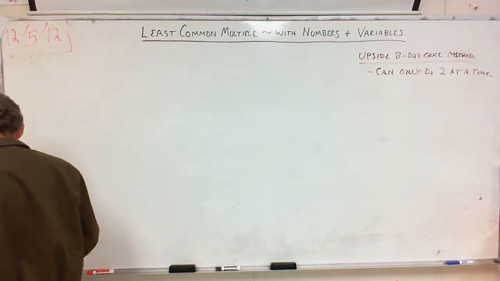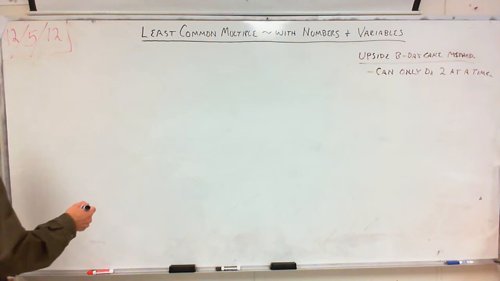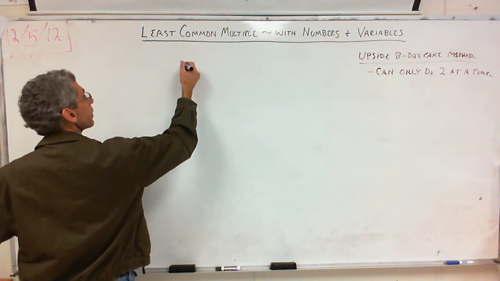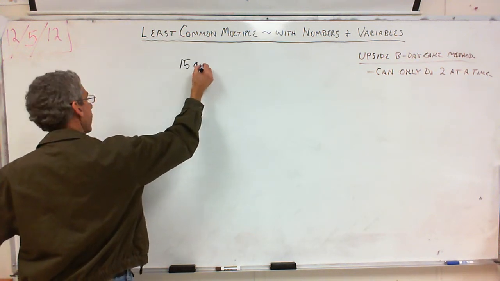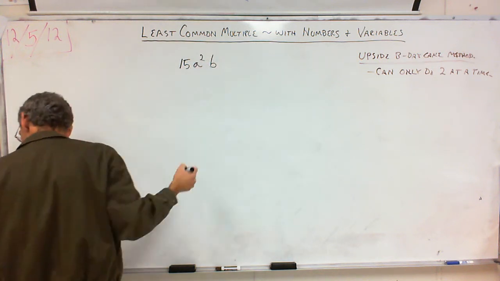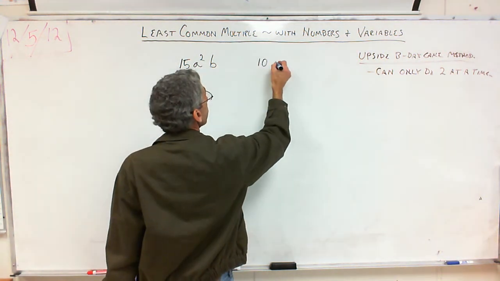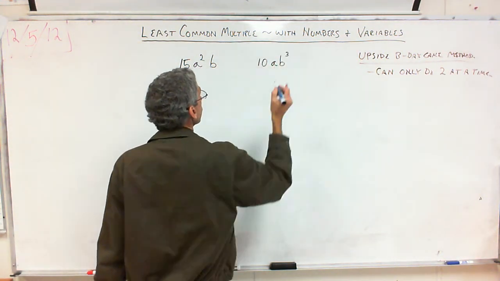So, let me grab a number example. 15 a squared b, and the other one is say 10ab cubed.